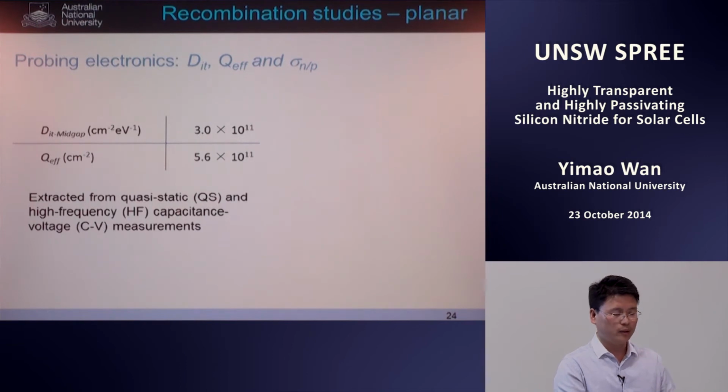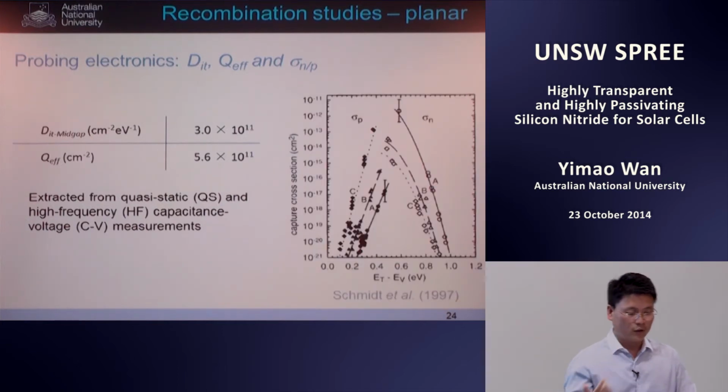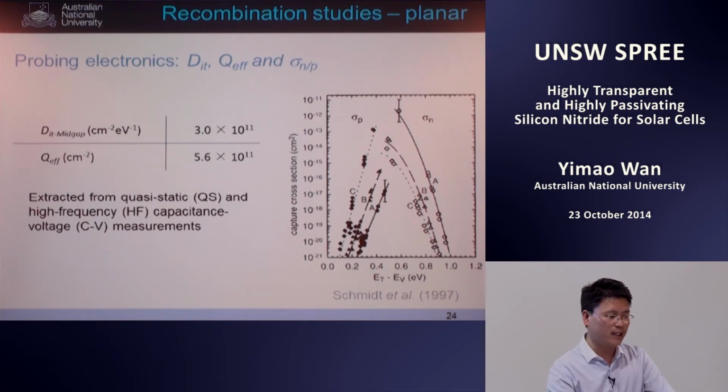And in order to model the recombination based on the defects, we also need the capture cross sections. Unfortunately, I didn't have any measurement from my own study, so I take some capture cross section results from literature, presented by Jan Schmidt in 1997.